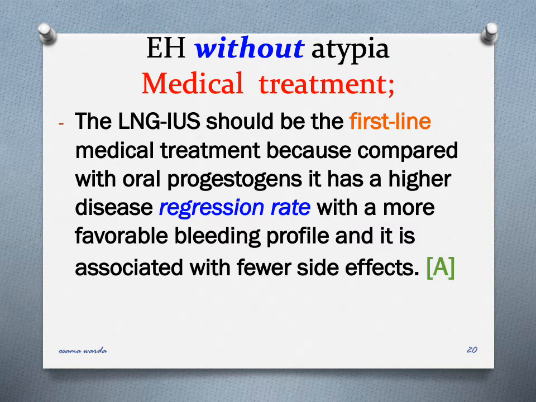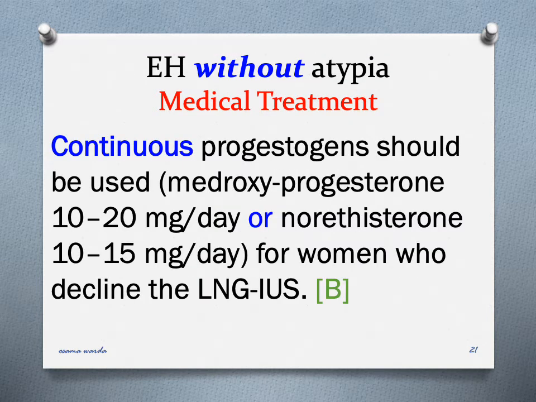This recommendation is a class A recommendation. Continuous progestogen should be used, for example, medroxyprogesterone 10 to 20 milligram per day or norethisterone 10 to 15 milligram per day for women who decline the use of the levonorgestrel releasing intrauterine system.